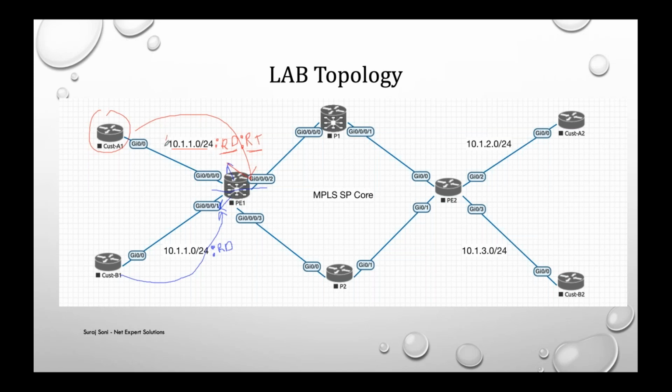So this is the prefix which will be created. This is the actual packet, the update, which MPBGP carries. The MPBGP session is between PE and PE. MPBGP is multi-protocol BGP.